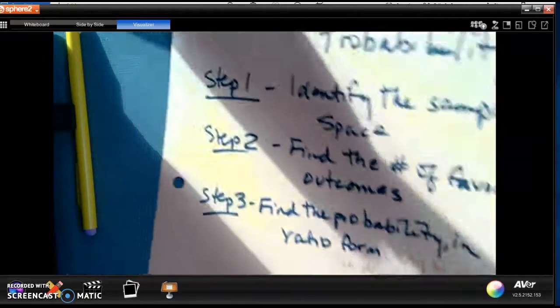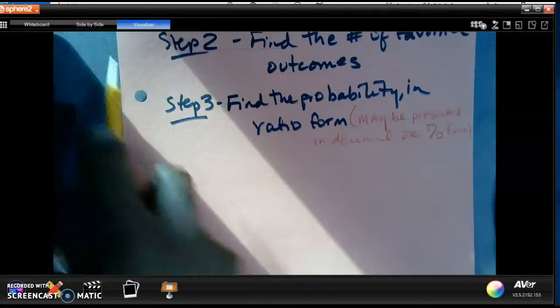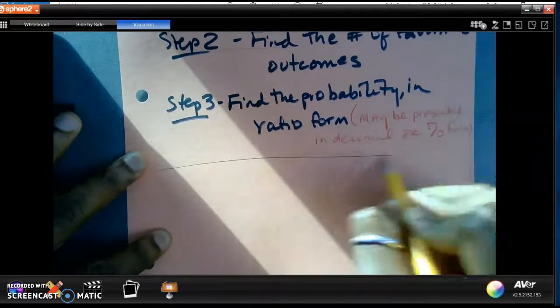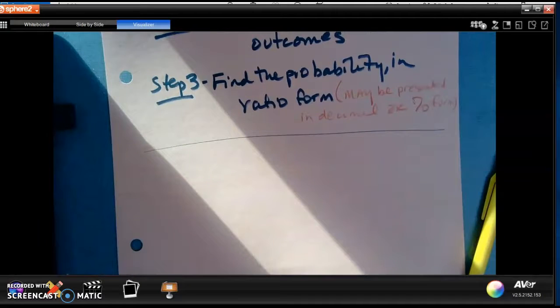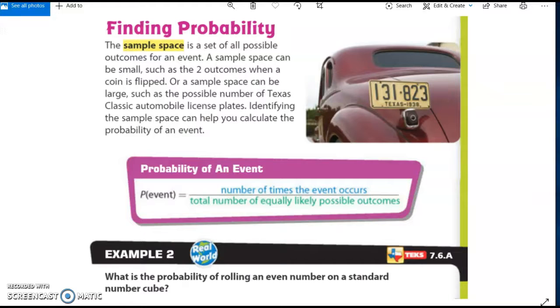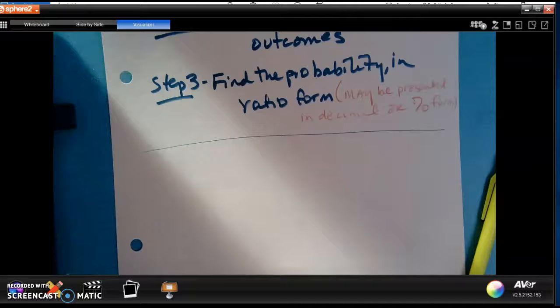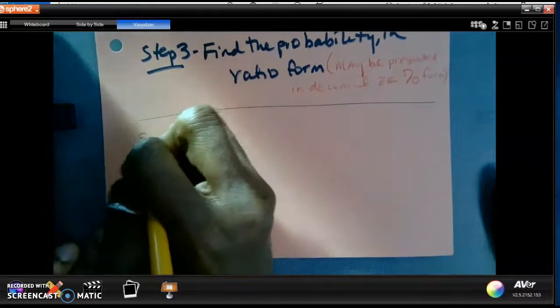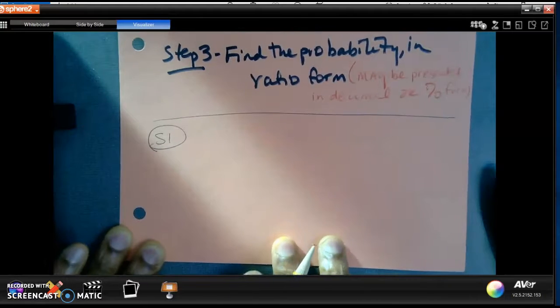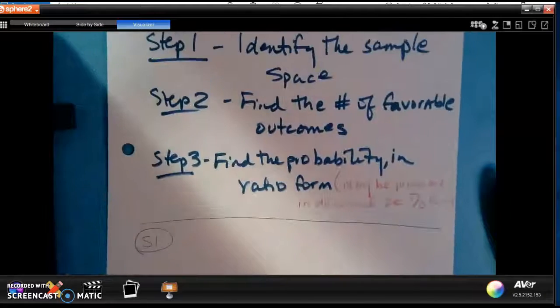If we go back to the original problem, which I'll start here at the bottom, it's saying that we want the probability of rolling an even number on a standard number cube. So I want to go back over to my work. We want to first identify, what is our sample space? I'm going to abbreviate this as SS.